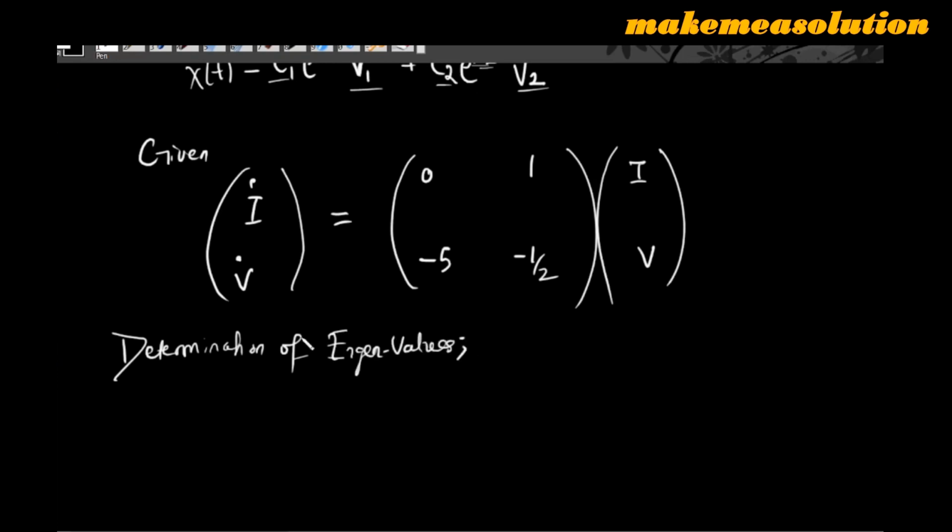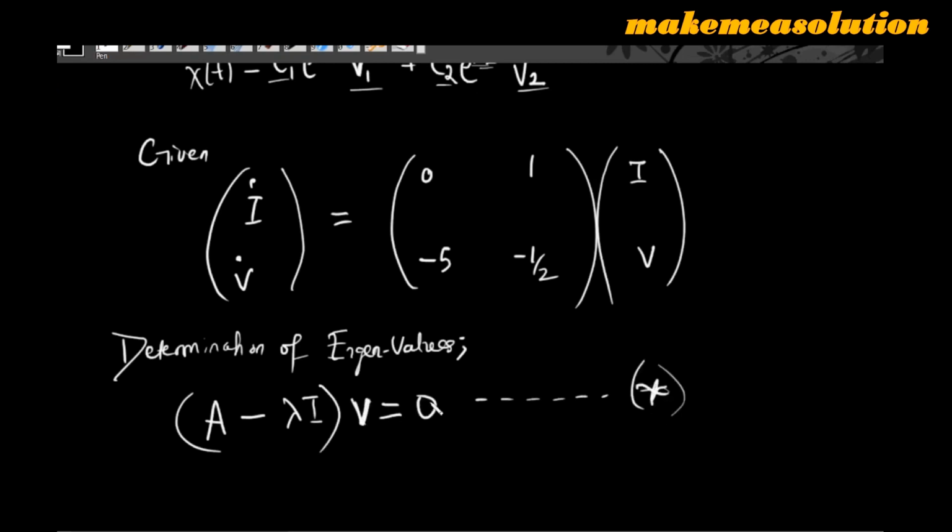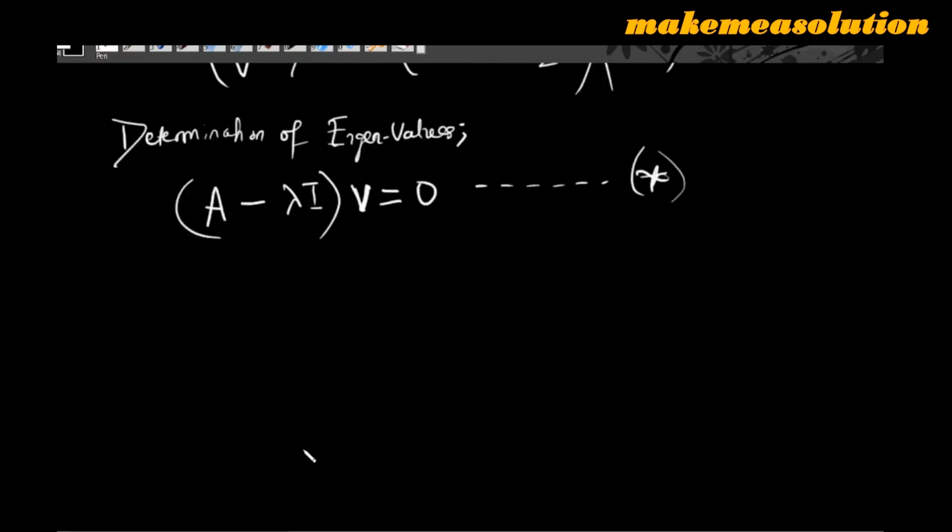To determine our eigenvalues, we will have to use this matrix equation, which I'm sure you're familiar with: A minus lambda I, times v, equal to 0. This is the central definition, what we call the eigenvalue problem. So you always make reference to this particular equation when you want to determine your eigenvalues.